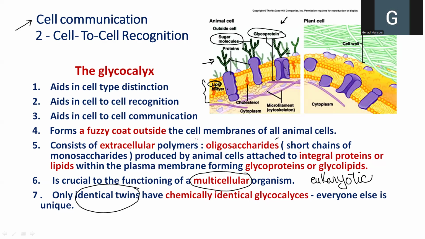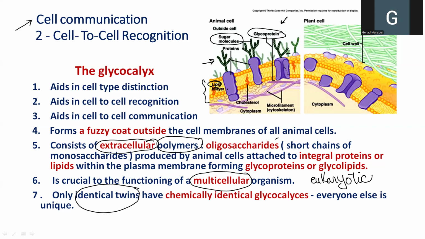Actually, it consists of polymers, meaning that they are large molecules. And these polymers are extracellular, meaning that it's true that they start in the cell membrane and they span the thickness of the cell membrane, but they have to extend outside the cell in order to distinguish the cell and in order to act as a label for the cell.